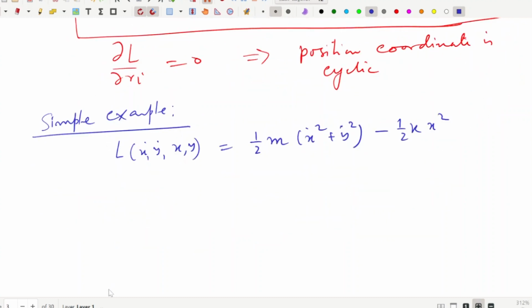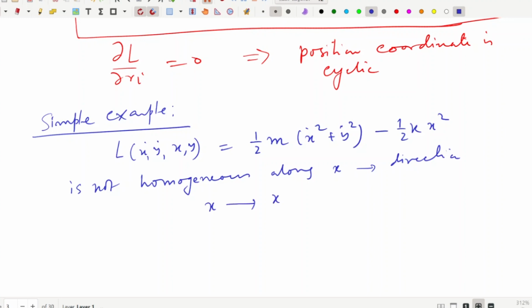Now, notice that this Lagrangian is not homogeneous along the x direction, because if I make x going to x plus a, the Lagrangian will change. Okay.